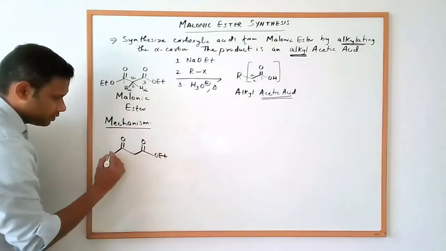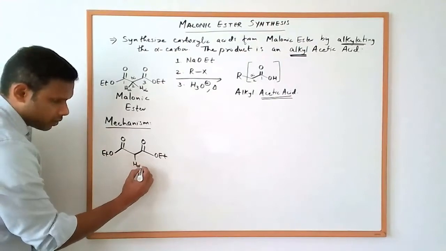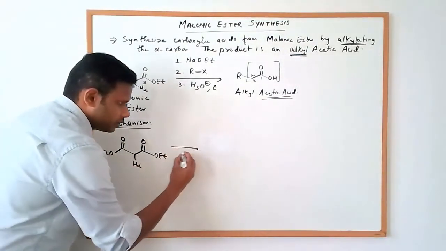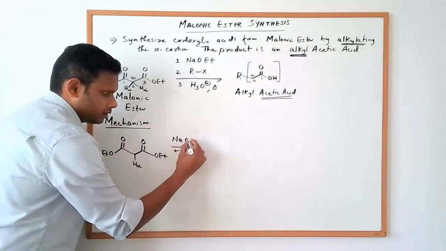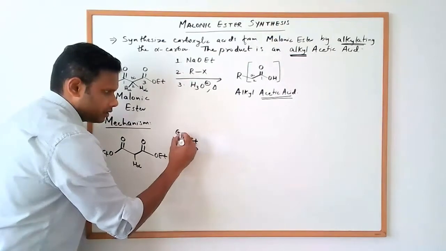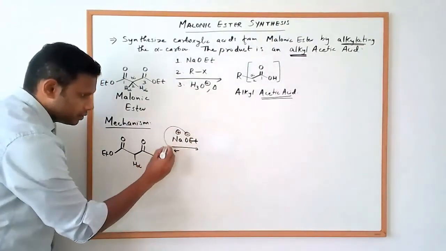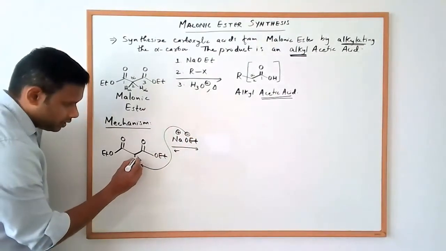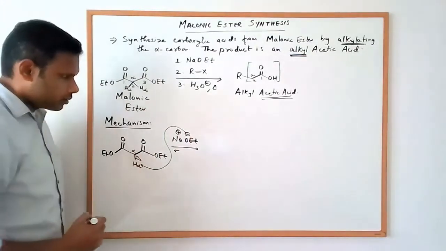We start with the diethyl malonate. I can draw out one of the alpha hydrogens. When we react this with sodium ethoxide, which is the base here, the ethoxide is going to deprotonate the alpha hydrogen, and that would leave the electron pair on that alpha carbon.